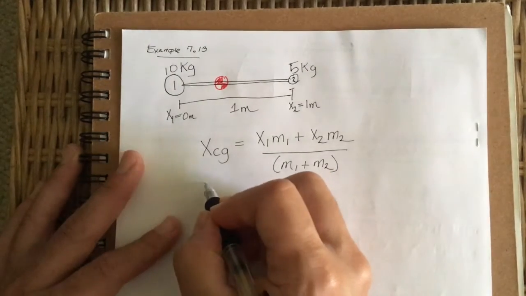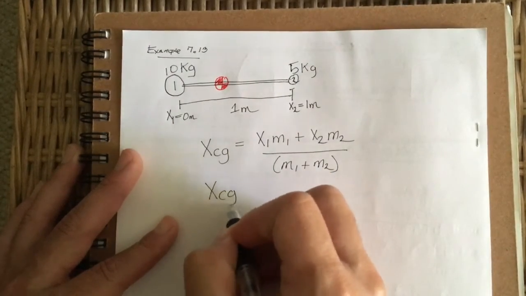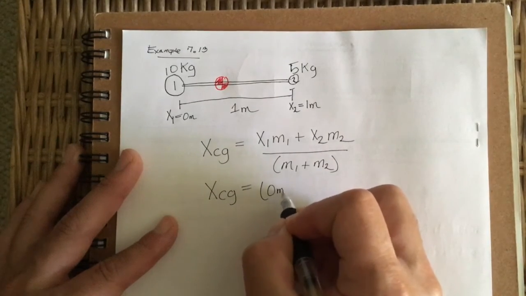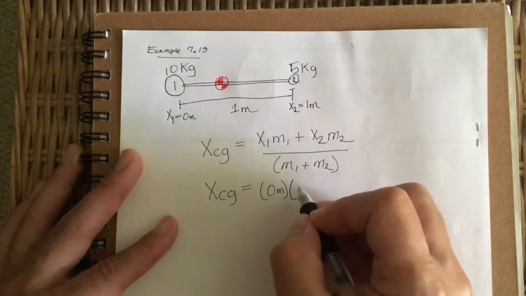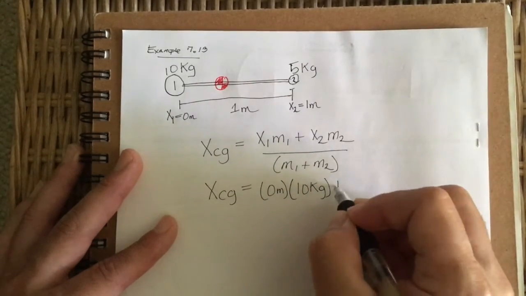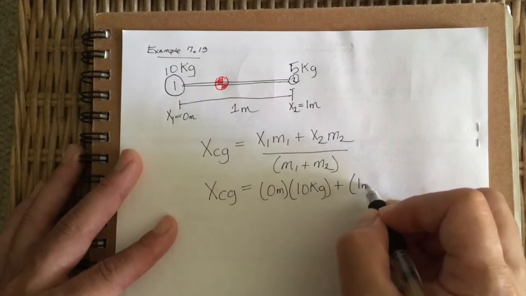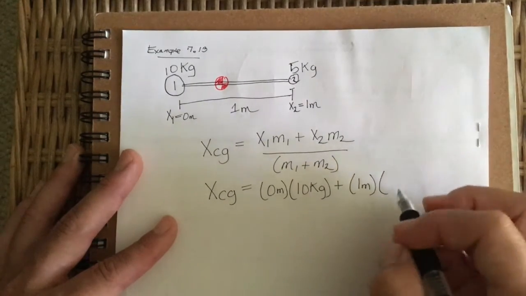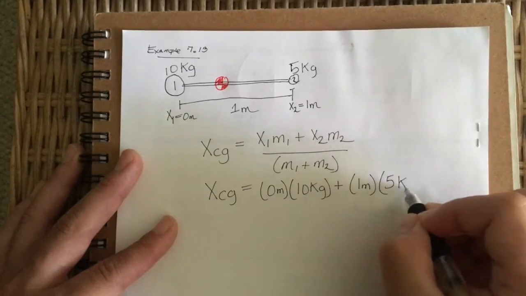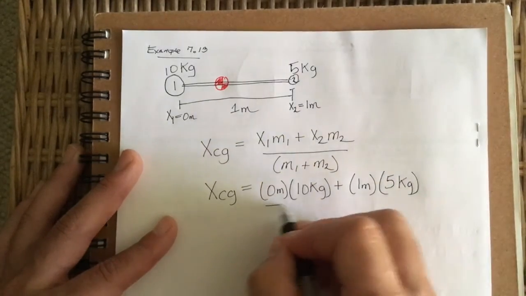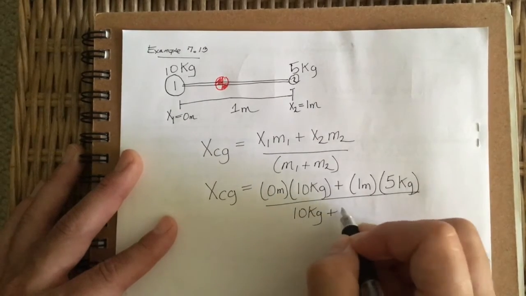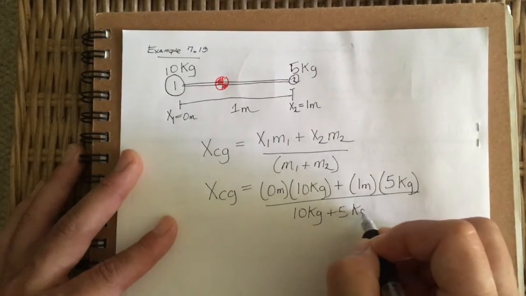Anyways, let's go ahead and solve, right? xcg then is equal to x1, which is 0 meters, times m1, which is 10 kilograms, plus x2, which is at position 1 meter, and m2 has mass 5 kilograms, divided by 10 kilograms plus 5 kilograms.